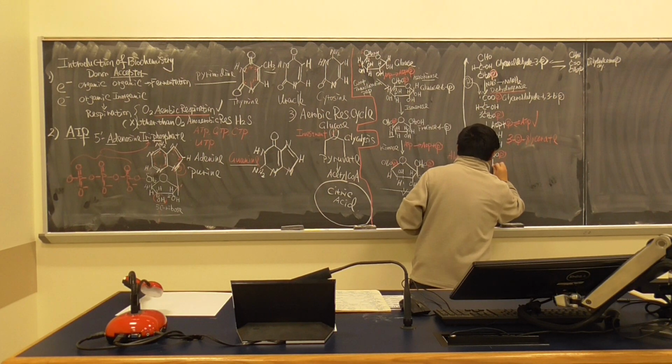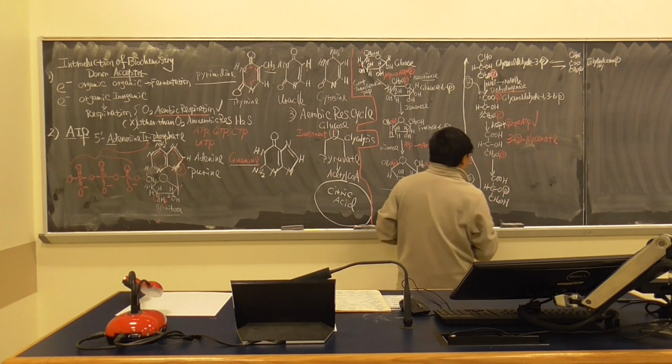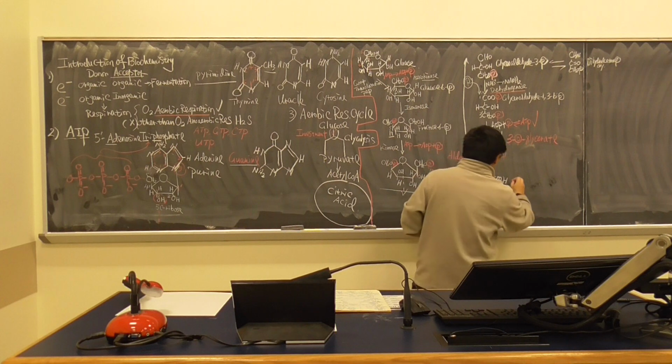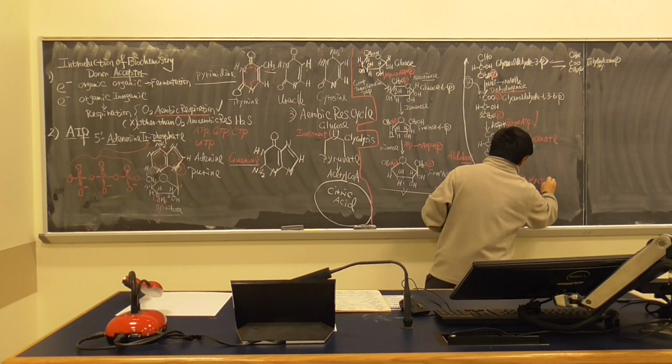3-phosphoglycerate goes down here. You're going to become COOH, CHO phosphate, CH2OH. That becomes 2-phosphoglycerate.